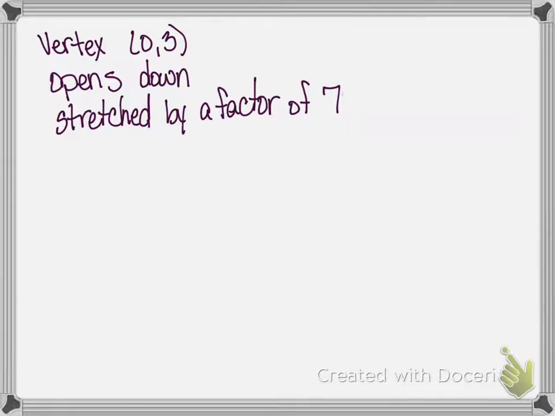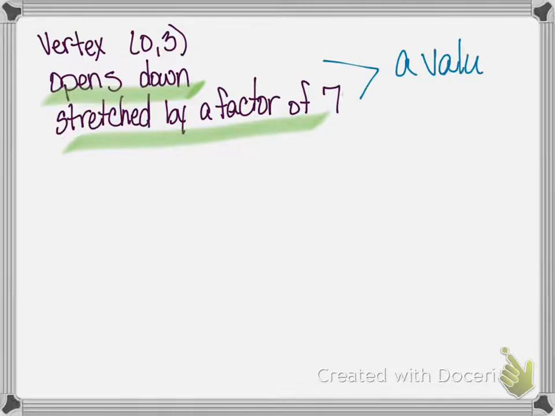So this, opens down, and stretched by a factor of 7, both apply to the A value. You're dealing with the A value right here. Between the two of these, we are able to determine that the A value is -7.